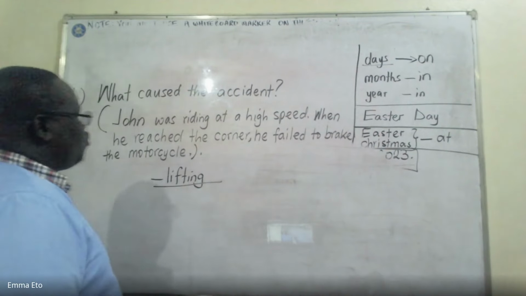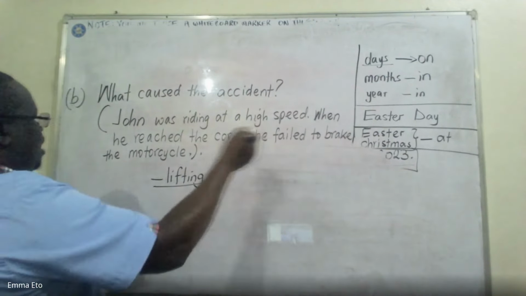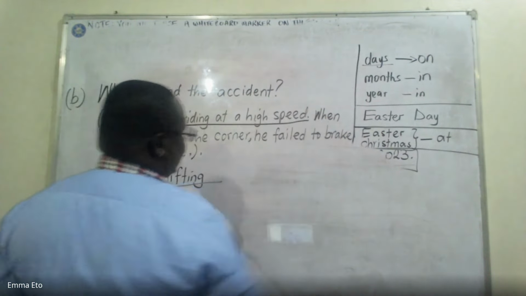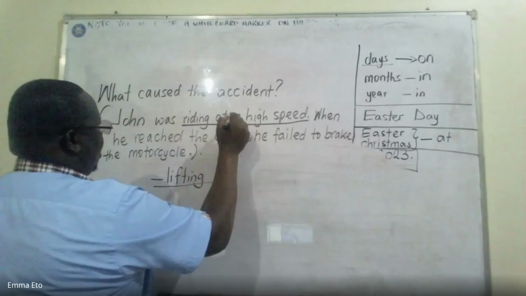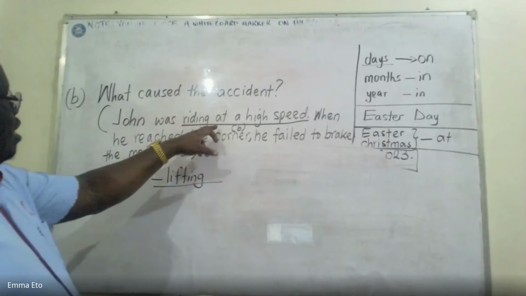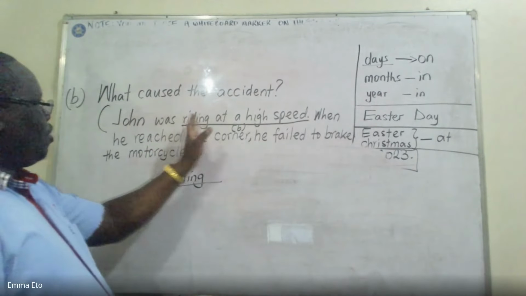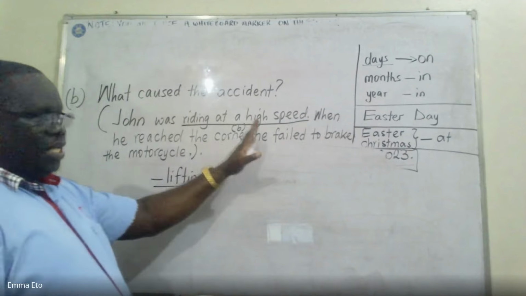I will have to look for the idea. The idea will be riding at a high speed. Then I will name here question B. So I know that the idea that answers my question B is riding at a high speed.